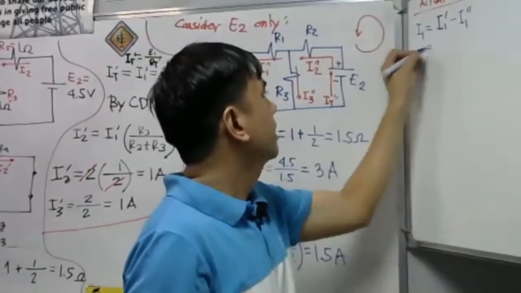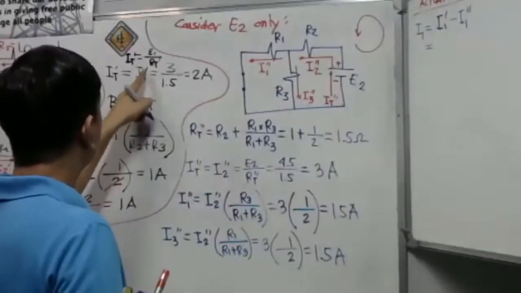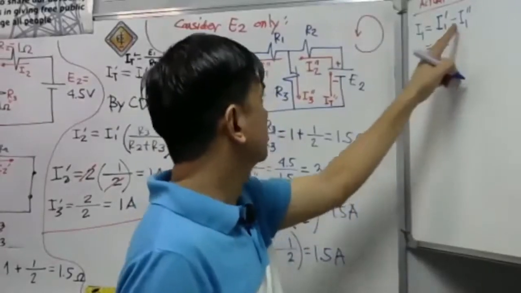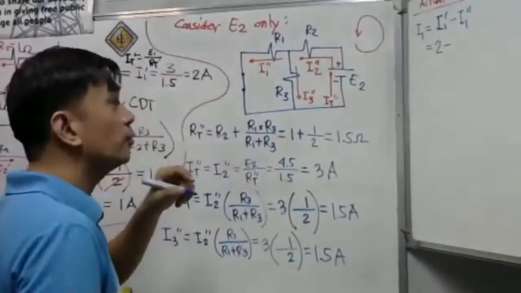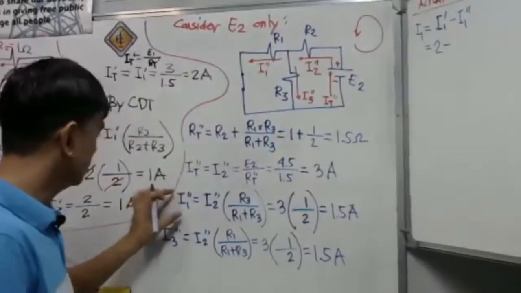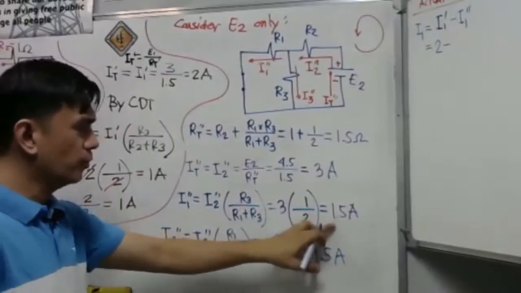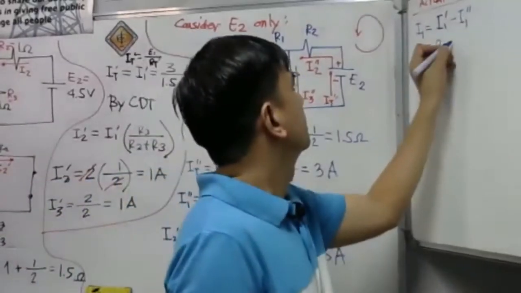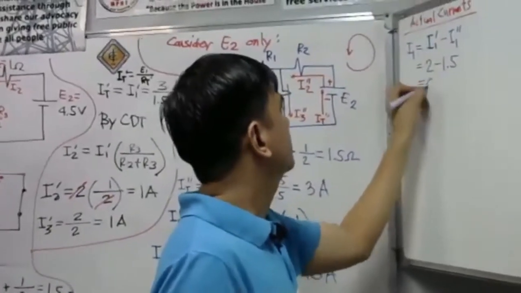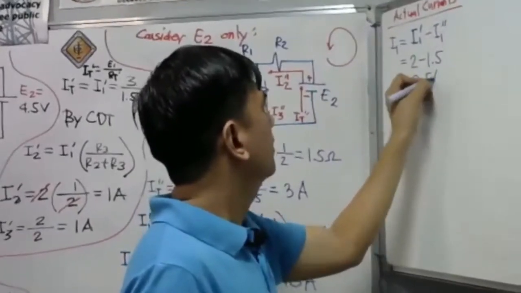So let us substitute here. I1 prime is 2 amperes, minus I1 double prime, which is 1.5. That is minus 1.5, so that is 0.5 amperes.